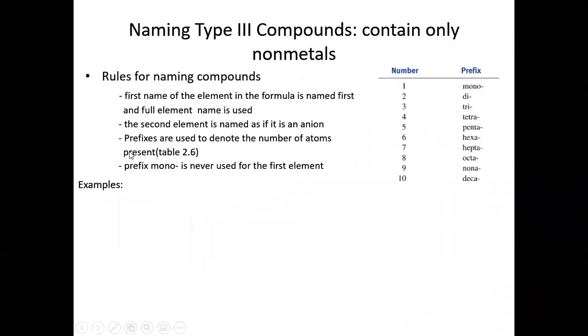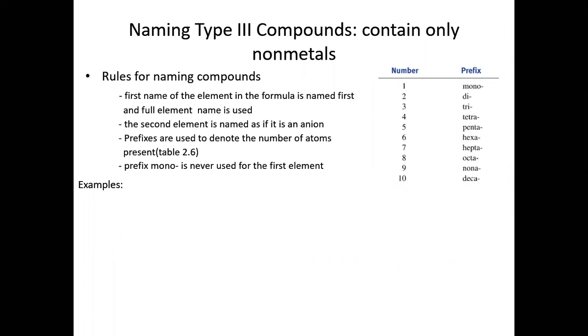So naming type 2 compounds that only contain nonmetals. So these are binary compounds that contain only, again, I have to stress, only nonmetals. That's when you use this naming scheme, only when you see nonmetals in the formula. And these are binary covalent compounds, so covalent compounds with 2 different types of atoms.